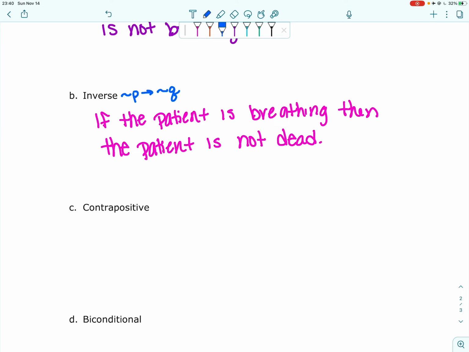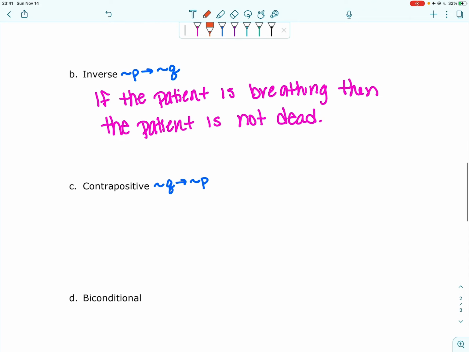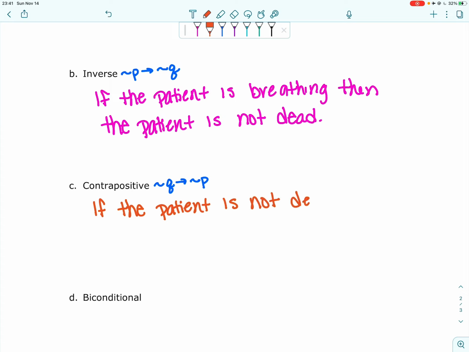The contrapositive, I flip-flop P and Q and I negate them, or it's the flip-flop of the inverse. So it's if not Q, then not P. So if the patient is not dead, then the patient is breathing.